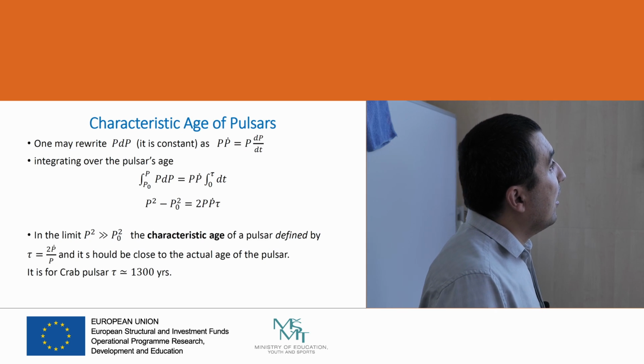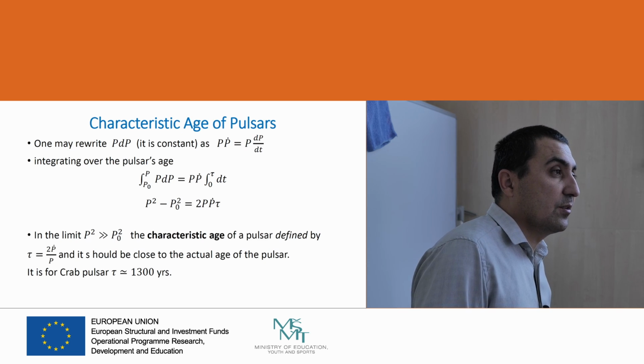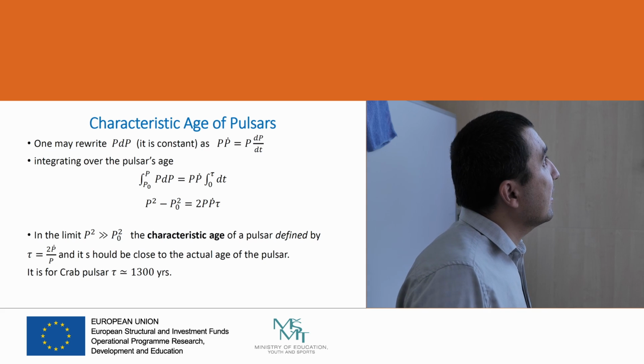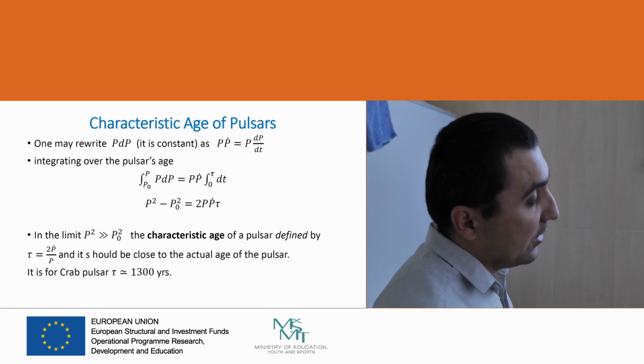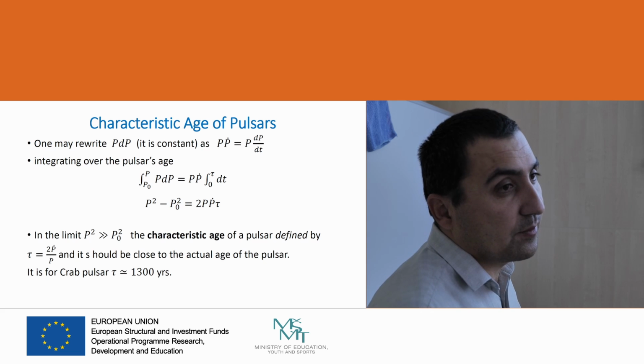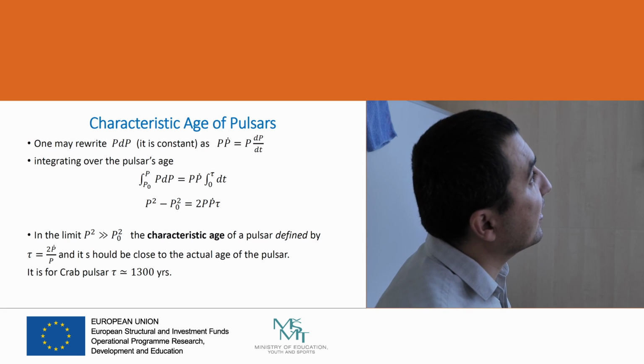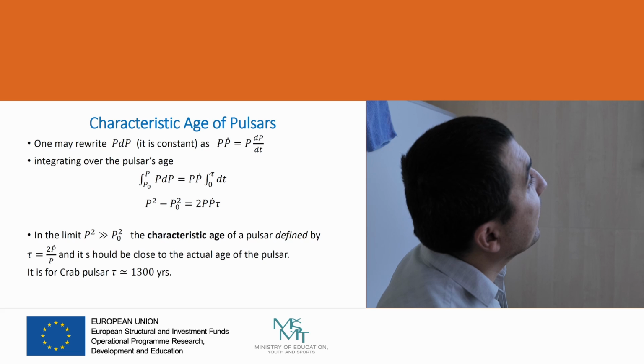So what is the characteristic age of pulsars? It means how long the pulsar has been radiating an electromagnetic field.